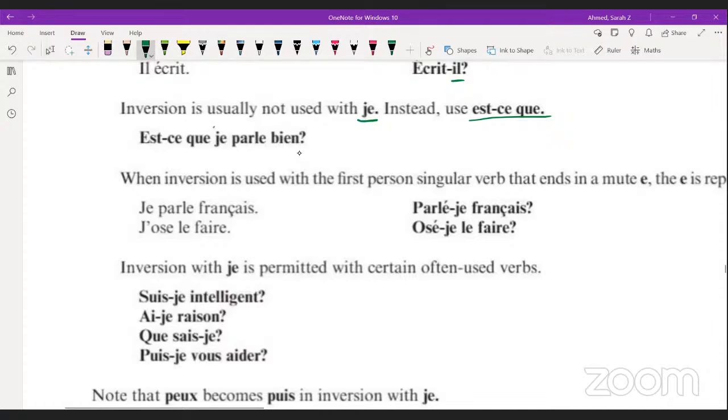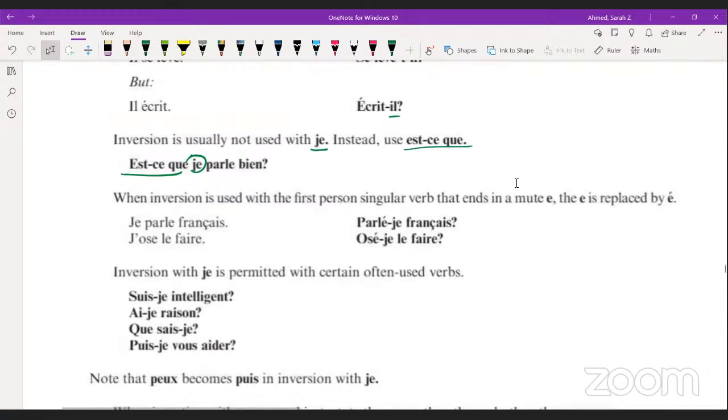Okay, so when we have je, we want to use est-ce que with it. When inversion is used with the first person singular verb that ends in a mute e, the e is replaced with é. So this is just some extra stuff, but basically they're saying.